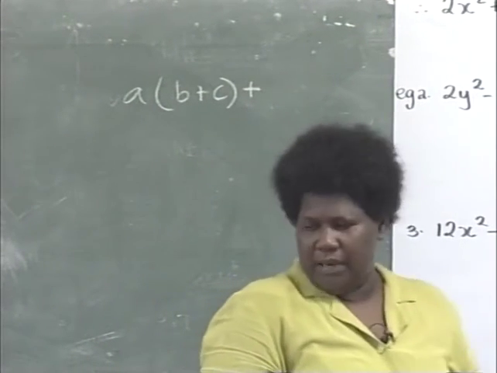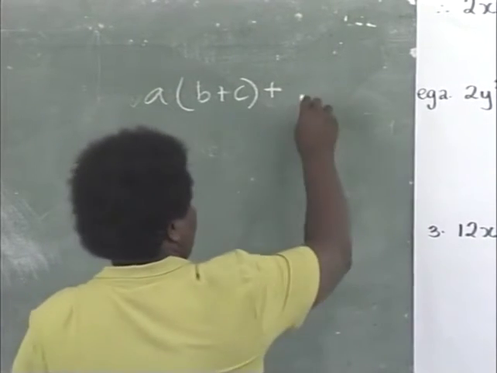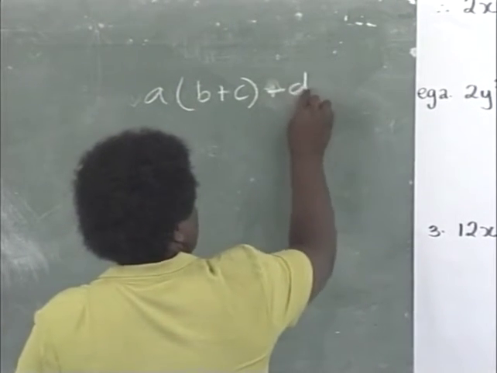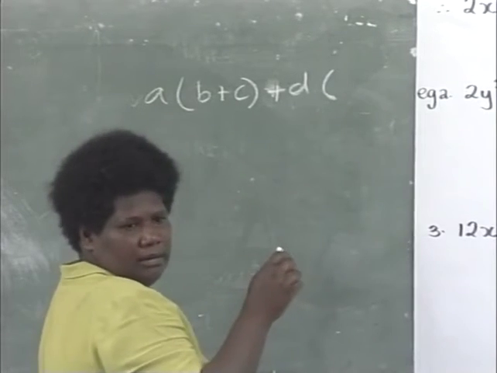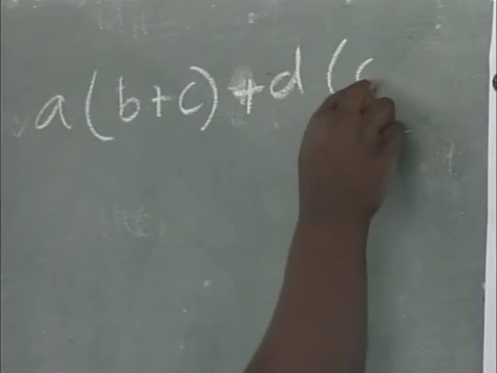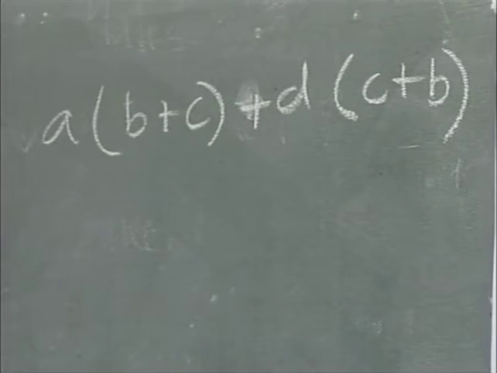A and B plus C, and then did you have A again or D? Minus or plus? Plus and C plus B, like that. That's all. You didn't factorize it anymore.